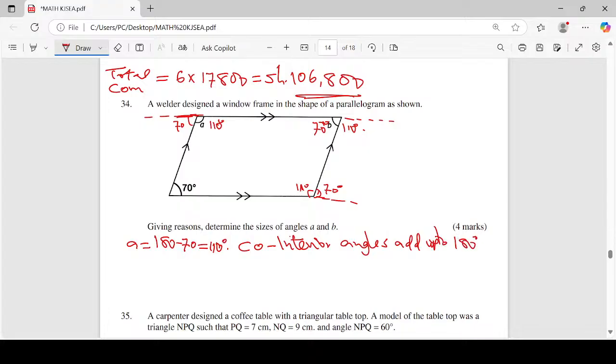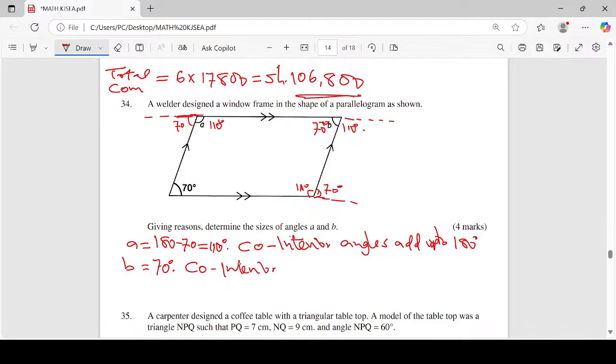180 degrees. I want to get angle B. Angle B is simply 70 degrees. And you can talk about opposite angles of a cyclic quadrilateral are equal. Or if not like that, you can still talk about co-interior angles.